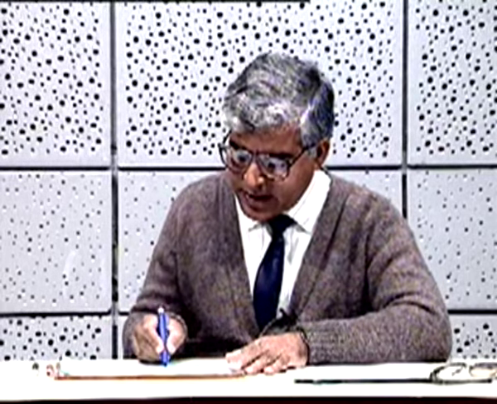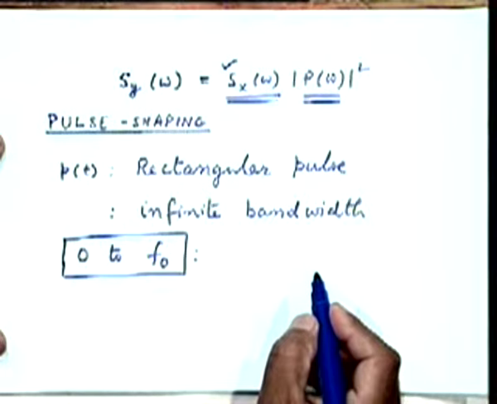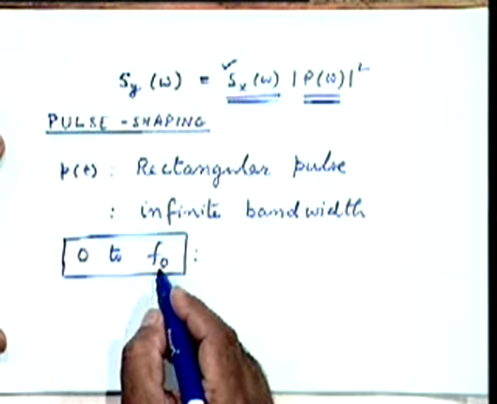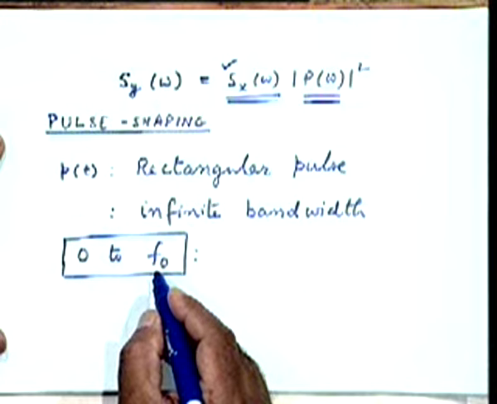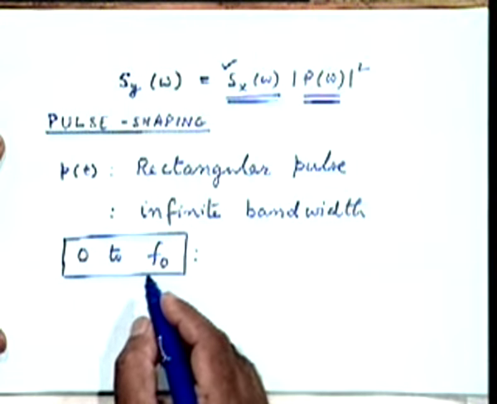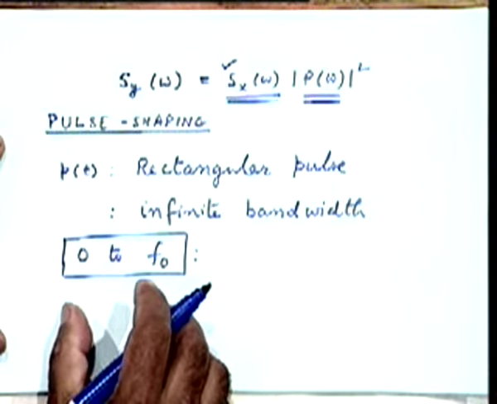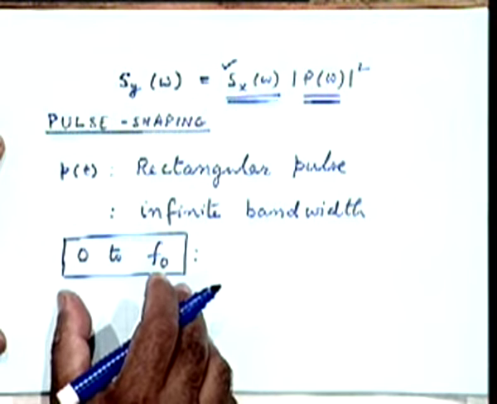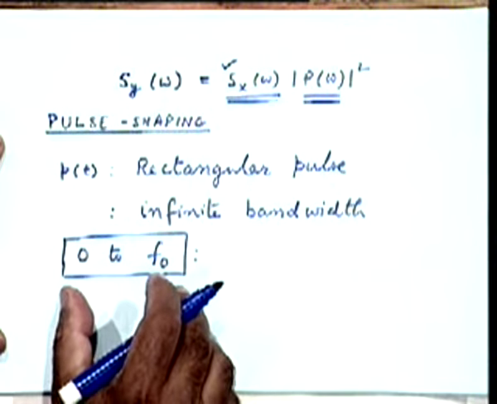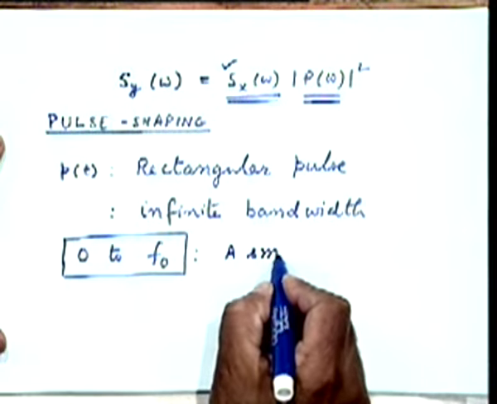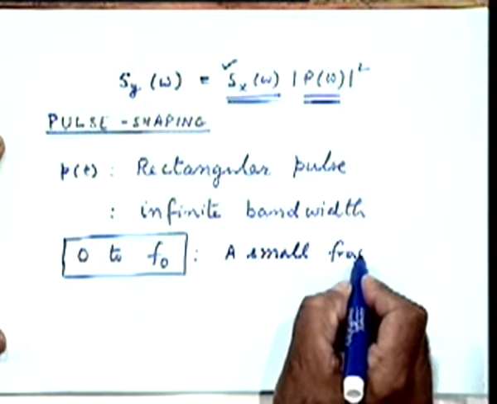So most of the energy lies in this band, except for polar and some of the allied line coding schemes, in which case it lies between 0 to 2F0, and for duobinary it lies between 0 to F0 by 2. So depending on the line coding scheme, the basic band differs, but once we have decided the basic band, we know that most of the energy lies in this interval, and a small fraction lies outside this band.